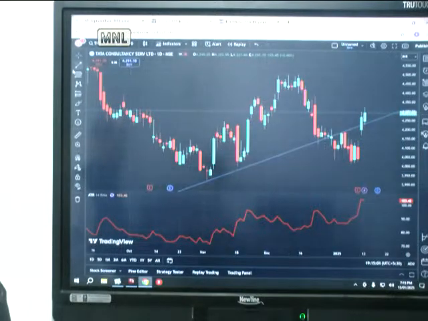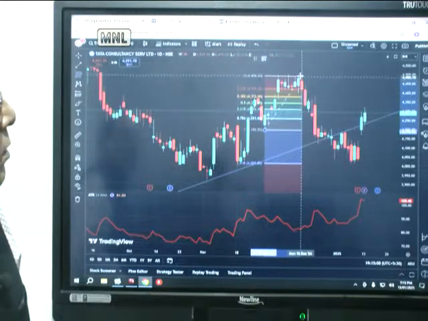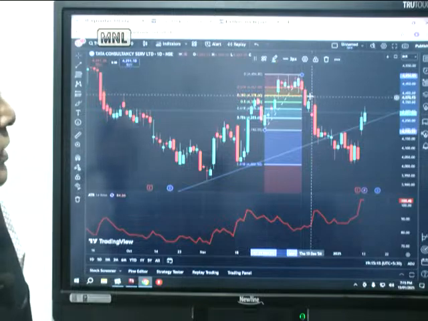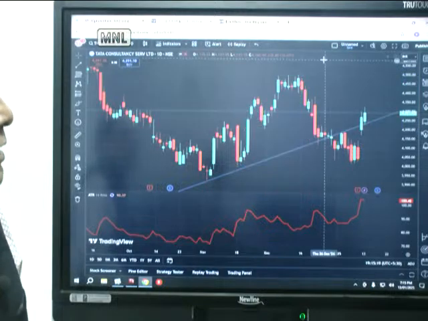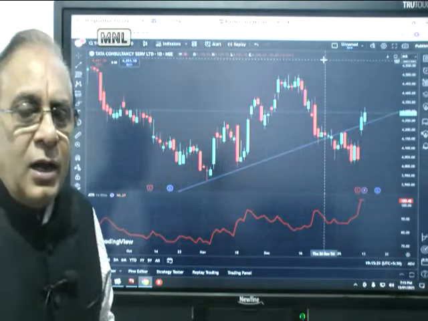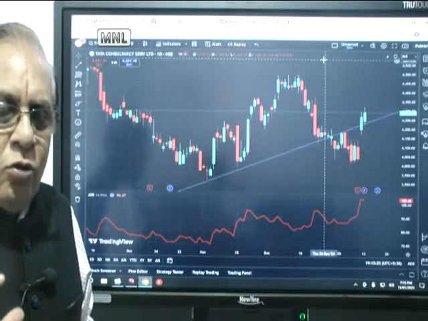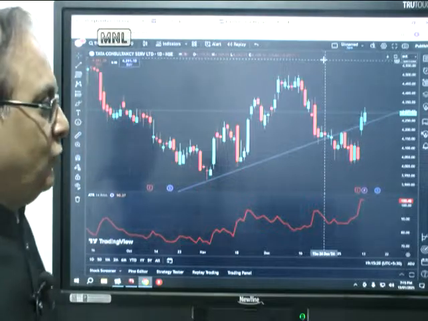Similarly, see here 23.5% is used, but 38.2 also can be used. But one thing very clear in any market, things need not go exactly as per what we planned. So we need to be a little careful and make some judgment also.